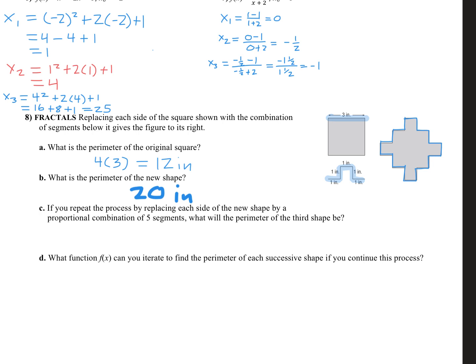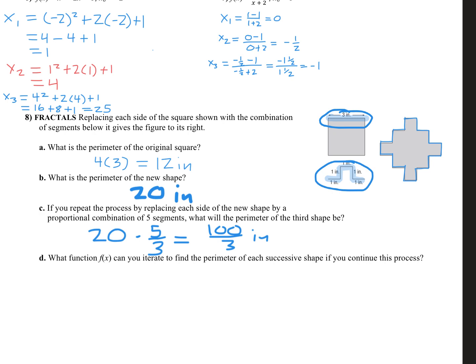All right, so if we know that a 3-inch side is going to turn into this segment that has a total length of 5 inches, we know that our R is 5/3. So that makes our third perimeter 20 times 5/3, or 100 over 3 inches.